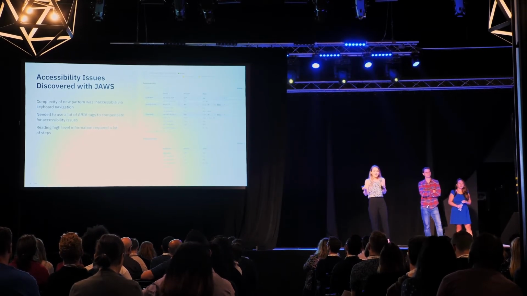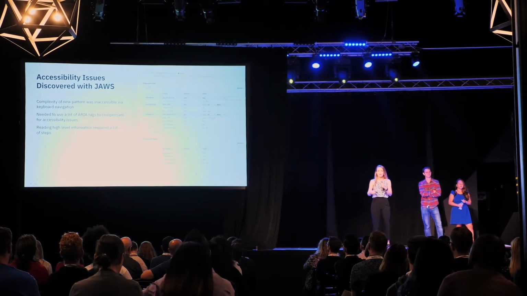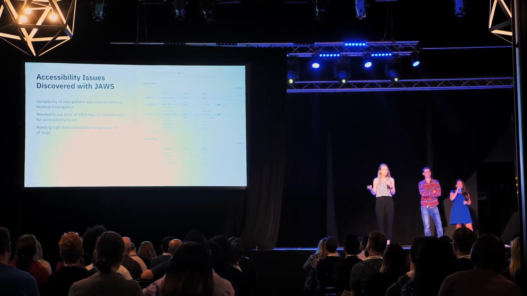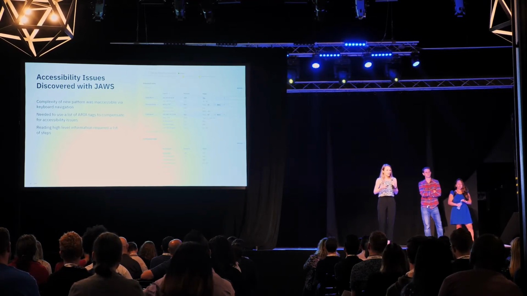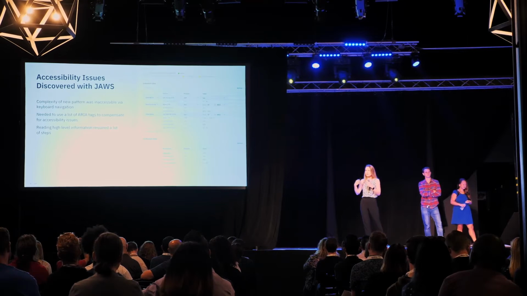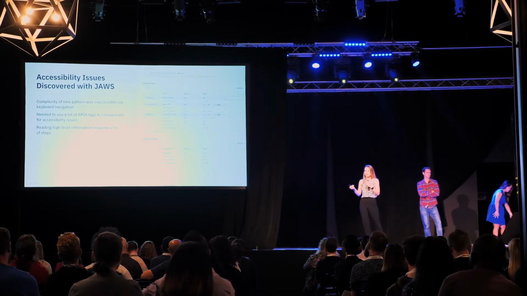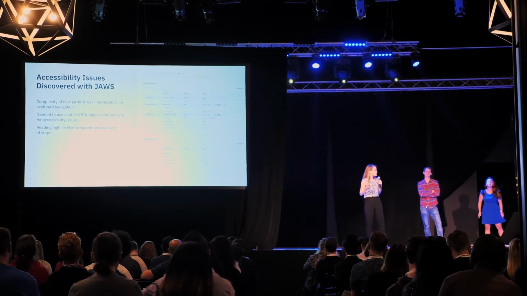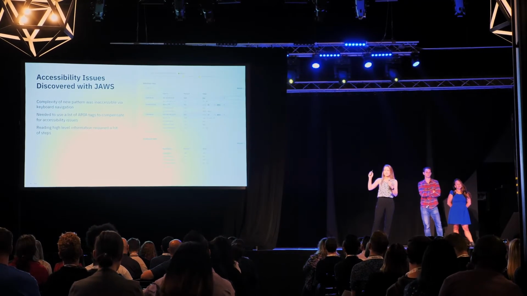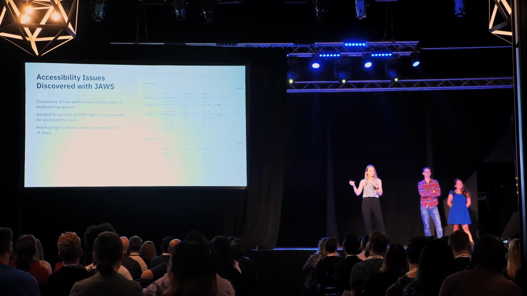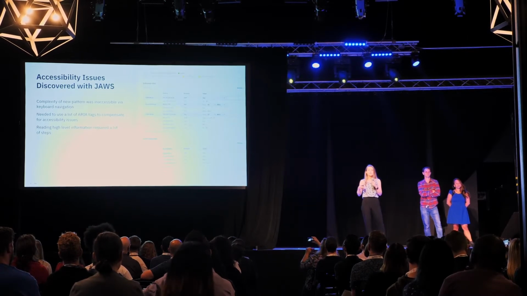And we discovered there were a lot of accessibility issues. He wasn't able to easily tab through fields. He wasn't able to understand exactly where he was in the page. There were a lot of issues that, unfortunately, we discovered really late in the process. Even something as simple as just reading very high-level information in this table required a lot of steps.